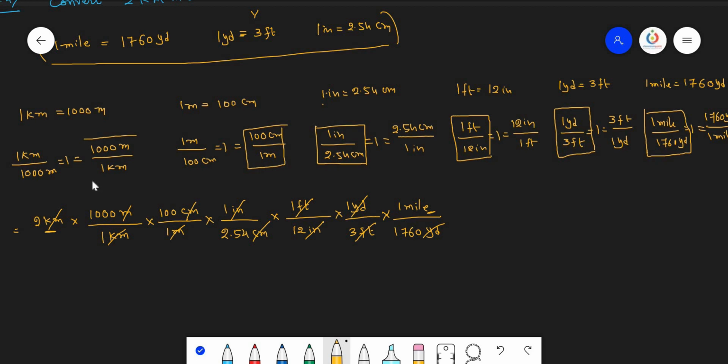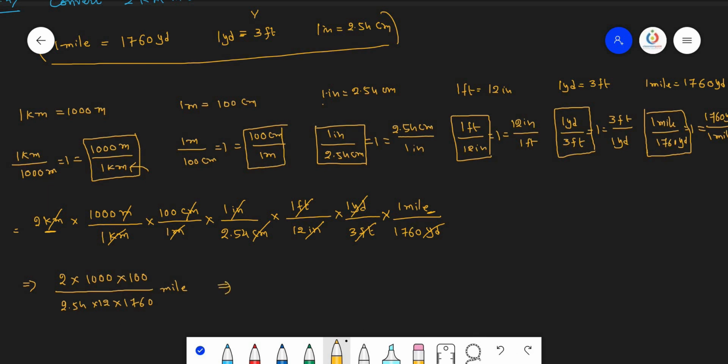So in the factors, wherever the given physical quantity is in the denominator, we have to pick that up, because cancellation becomes easy. So the answer is 2 into 1000 into 100 into, here nothing is there, so it has to be divided now. 100 divided by the denominator value 2.54 into 12 into 1760 miles.